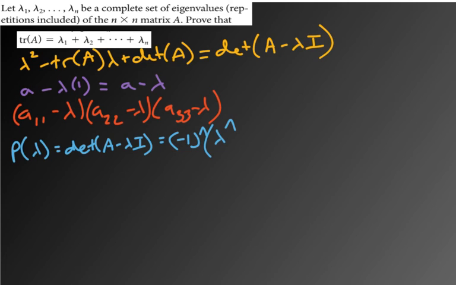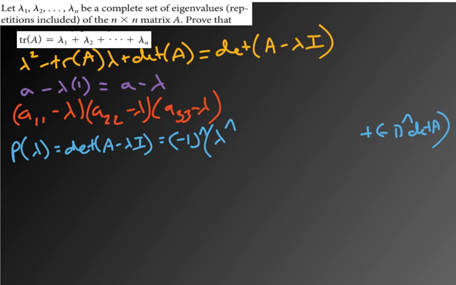And actually, in the last problem, we saw that if you kill off all the lambda terms, you just plug in 0, your constant term at the end was the determinant. And that's actually true, that this polynomial would always end in determinant of A, with a negative 1 to the n stuck in front of it.